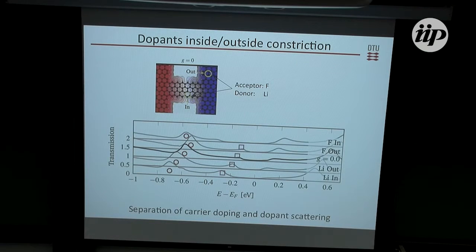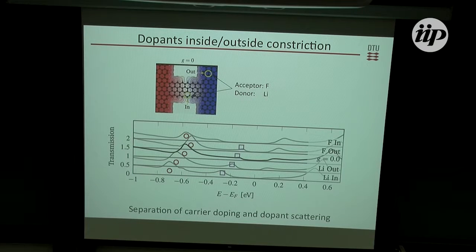So a side remark on this is that if you want to dope the structure by putting not a gate potential, but some dopants, then you can look at the electronic transmission for different types of dopings, acceptor or donor, for instance, and you can look at it as a function of where you put this dopant.